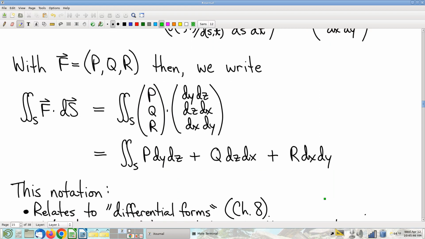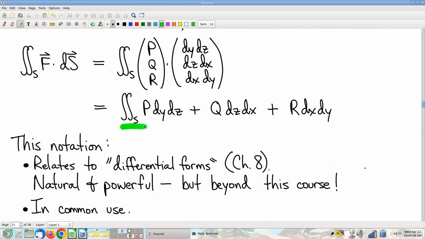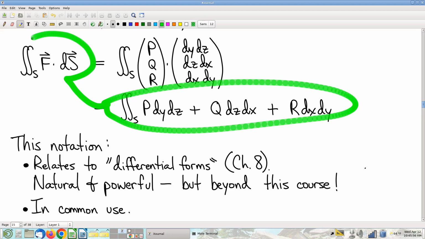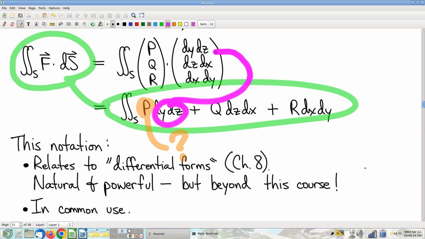And what we have then is called a coordinate surface integral. It is just an alternative notation for a vector surface integral. And you can keep track of what that thing is by looking at dy dz.